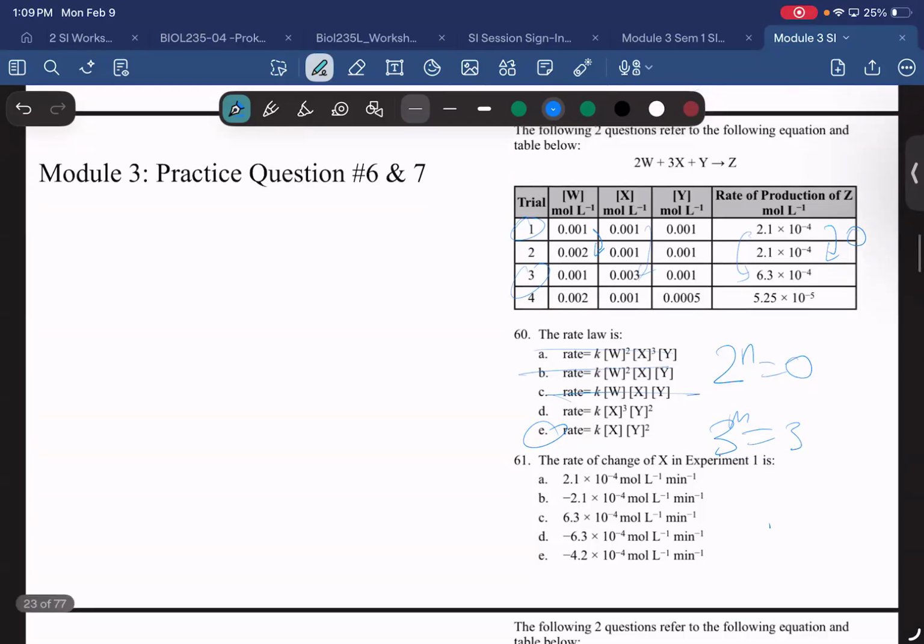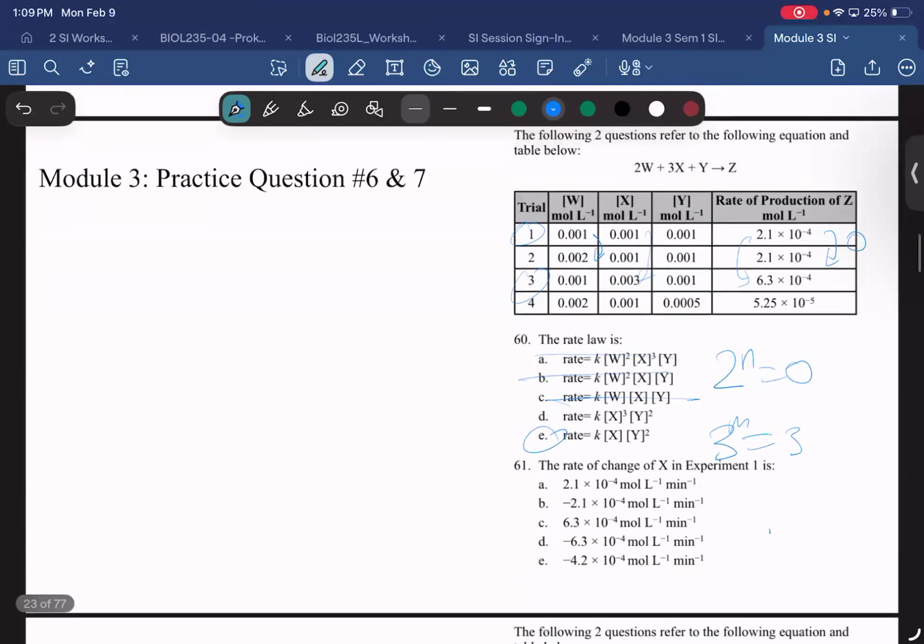Likewise, the rate of change of X is something we were just talking about at the beginning of the class or the SI session. We have the rate of production of Z, and we have to relate that with the moles. This is for experiment 1, so 2.1 times 10 to the negative 4. For every 1 mole of Z appearing, there are 3 moles of X being removed.